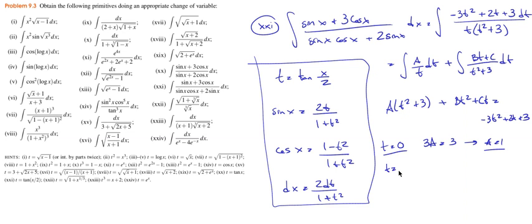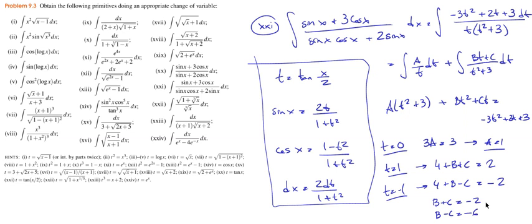Now if t equals 1, for instance, you have 4a, or 4, plus b plus c equals minus 3 plus 2 plus 3, so this is 2, right? So b plus c is minus 2. And then you have t equals minus 1, you have again 4 plus b minus c equals minus 3 minus 2 plus 3, so it's minus 2, right? So you have b plus c is minus 2, b minus c is minus 6.